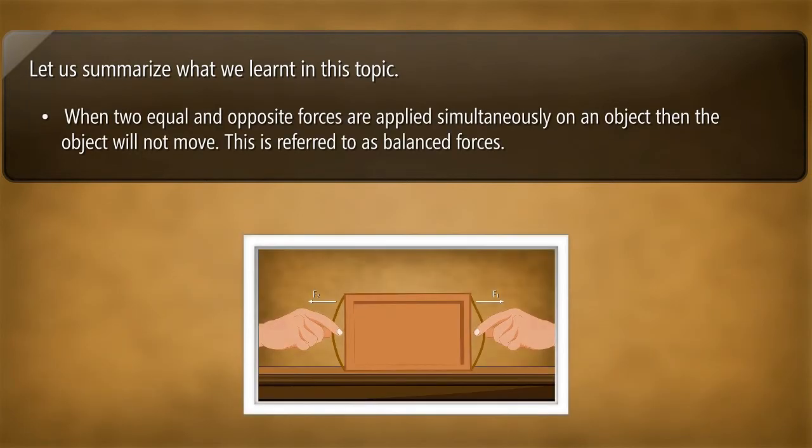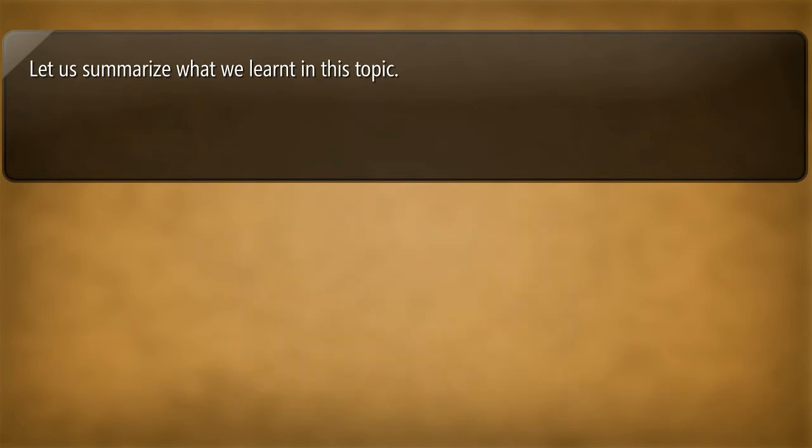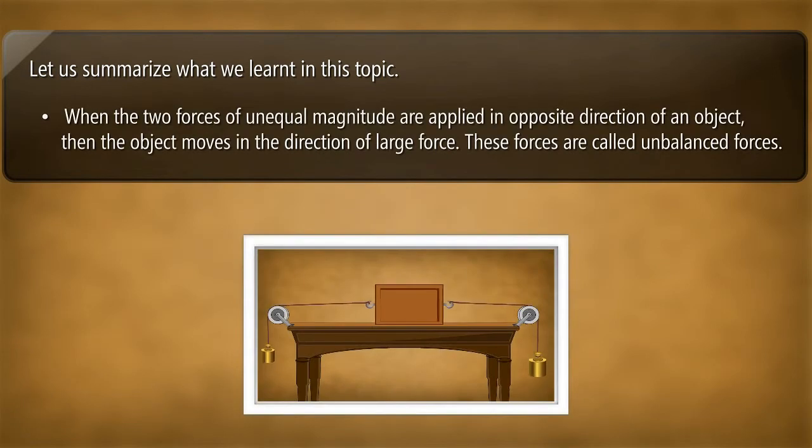When two equal and opposite forces are applied simultaneously on an object, then the object will not move. This is referred to as balanced forces. When two forces of unequal magnitude are applied in opposite directions on an object, then the object moves in the direction of the larger force. These forces are called unbalanced forces.